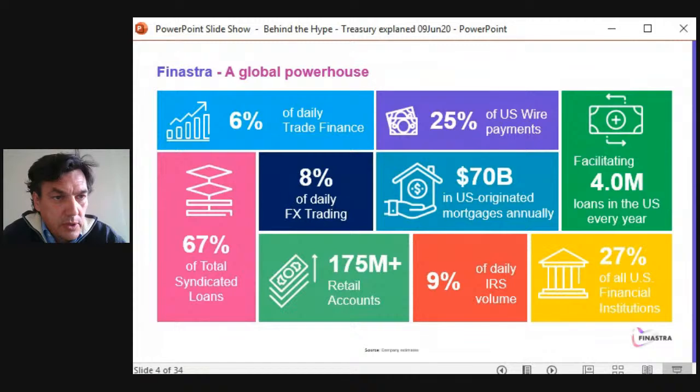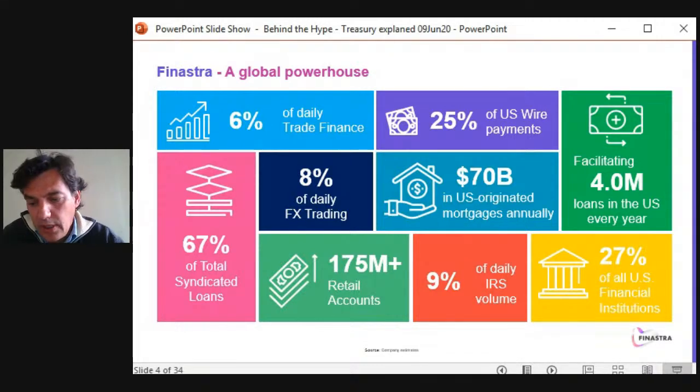We are also processing 9% of daily IRS volumes, and there are plenty of other metrics here. What is interesting is all those cash flows are in the end managed, looked at, paid. They are going through the treasury. So the treasury is really at the center, the heart of the bank.